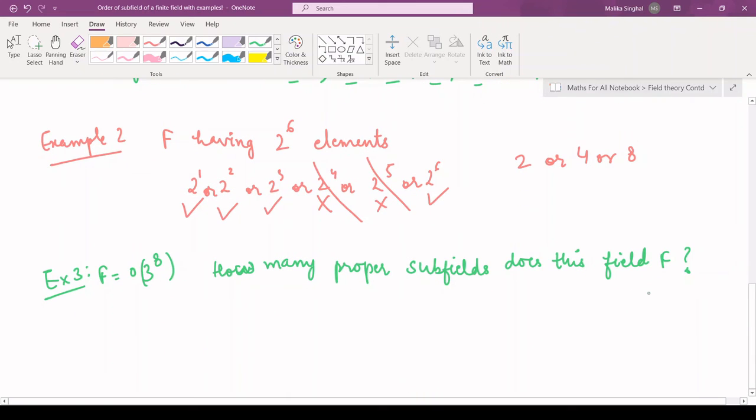Can you tell me how many subfields there are?